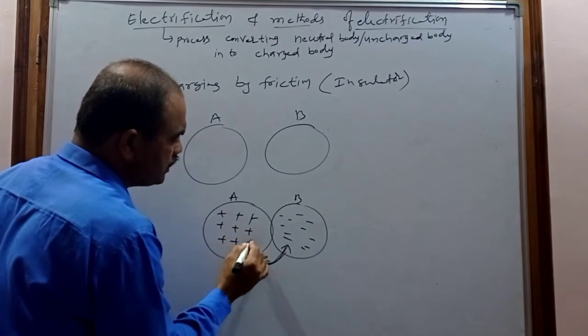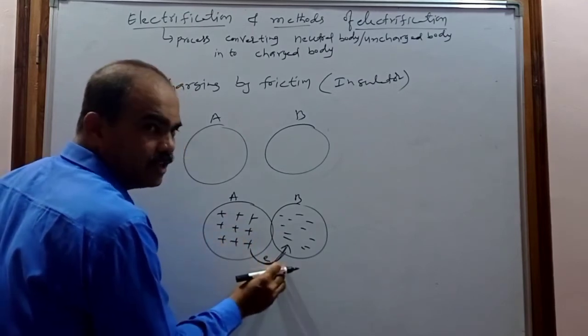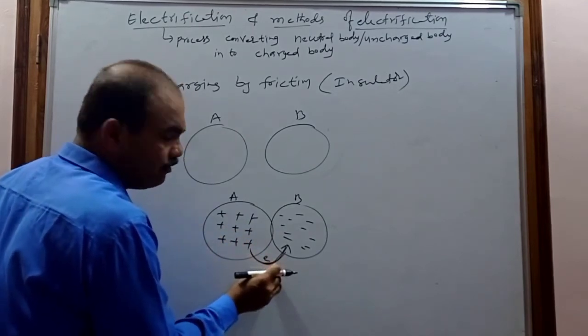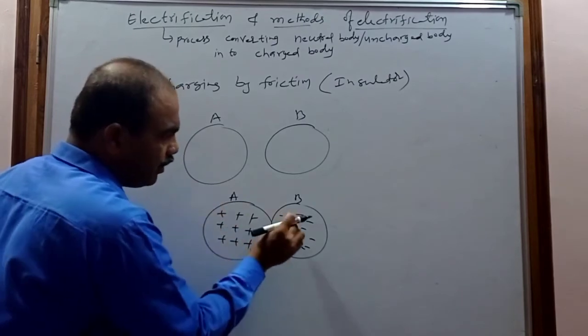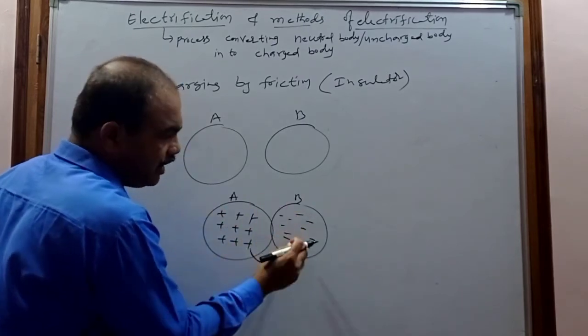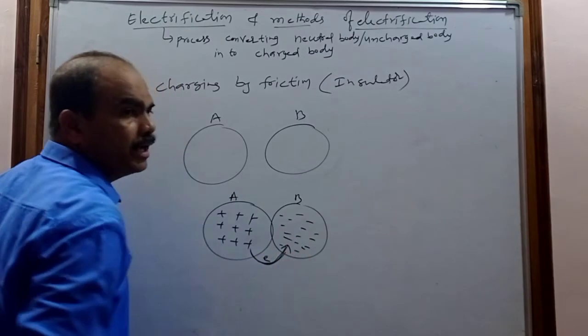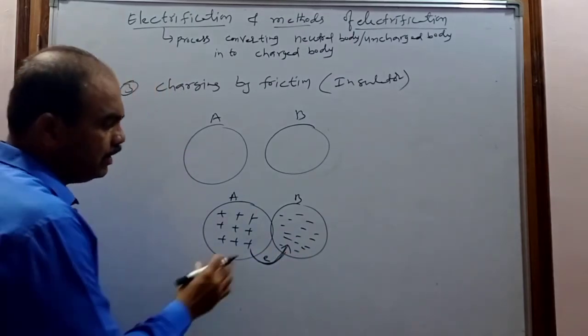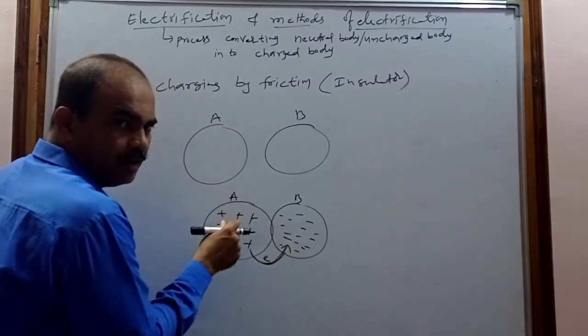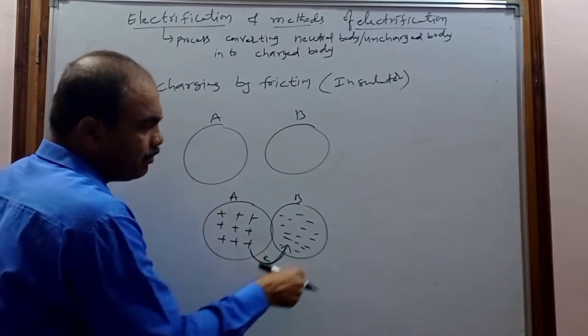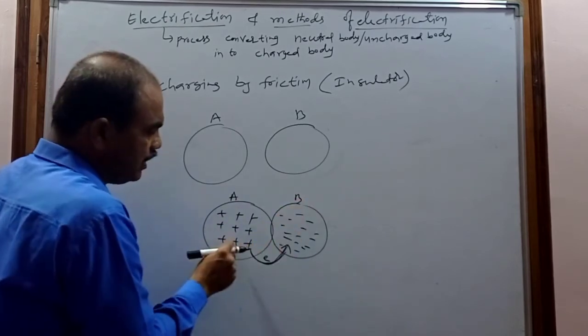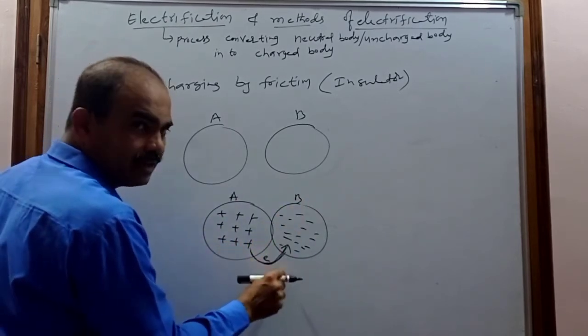The body which loses electrons becomes positively charged, and the body which gains electrons becomes negatively charged. In this process, one body's mass decreases and the other body's mass increases, because body A is losing electrons.